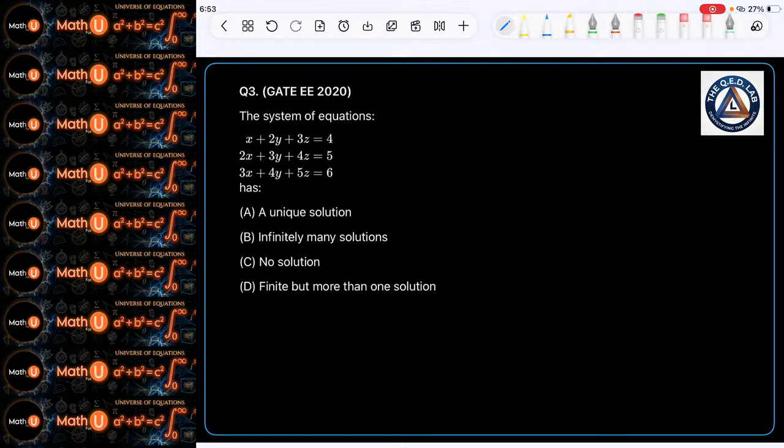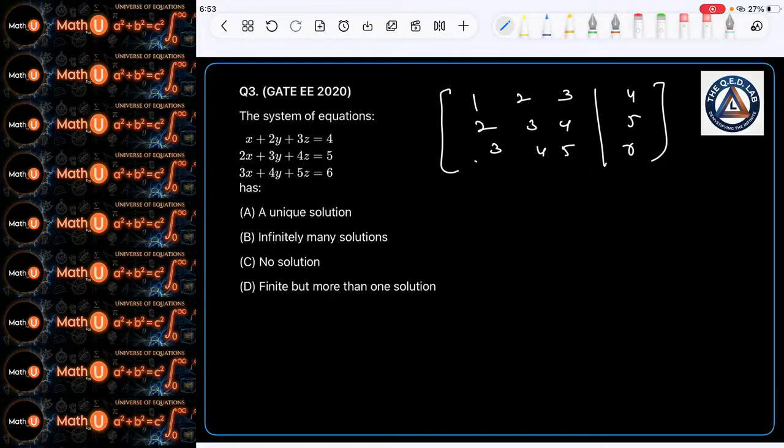We need to check whether the system has a unique solution or infinitely many solutions. What is the augmented matrix? 1 2 3 2, 3 4 3 4, 5 4 5 6. First find the determinant of this. We get 1 2 3, 2 3 4, 3 4 5.